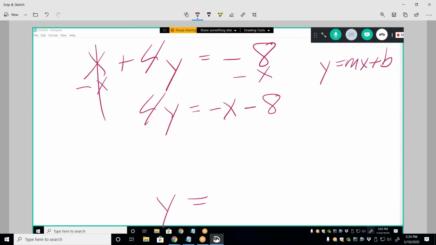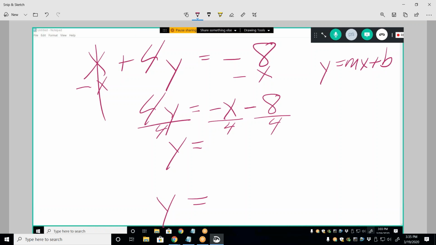And finally, the last step is what? Get rid of the 4, by doing the division. I could just erase it. That gets rid of it, but am I allowed to do that? No. I get rid of it by dividing both sides by 4, and I divide both terms by 4.